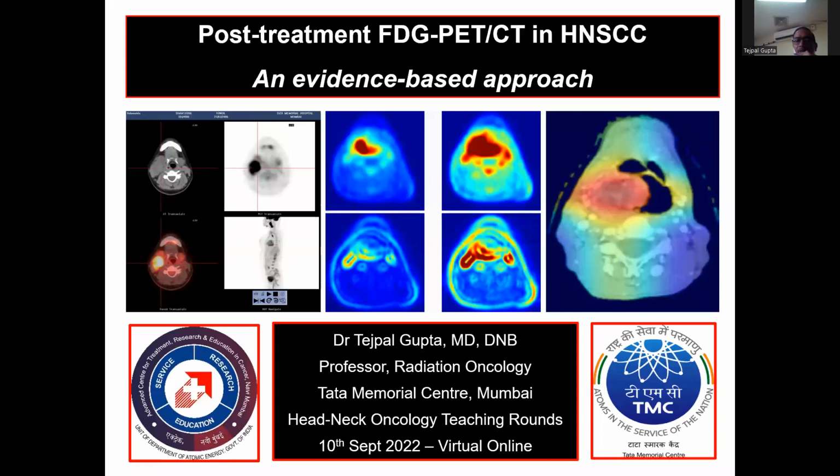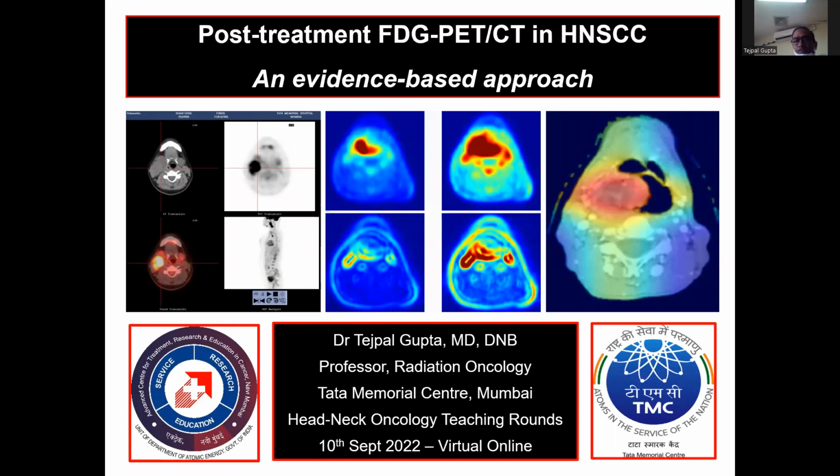So first, we'll discuss what our experience was with using post-treatment FDG PET in head and neck cancer in one of the trials that we did, and how we then went on to do evidence synthesis using systematic review and meta-analysis, and then go to what other evidence is there in terms of the utility of post-treatment FDG PET in head and neck cancers, and finally end up with some templates or scoring for the post-treatment FDG PET in head and neck cancer.